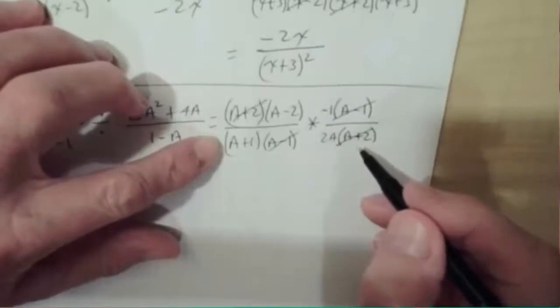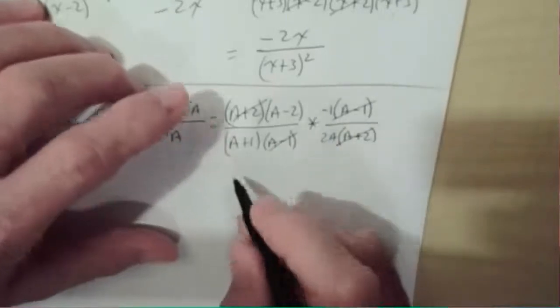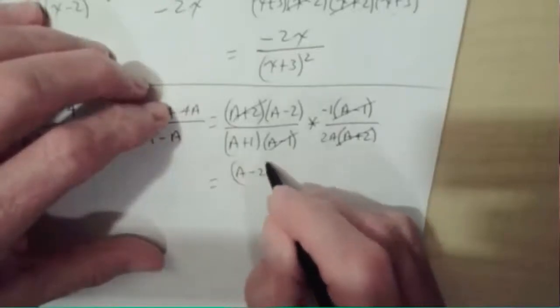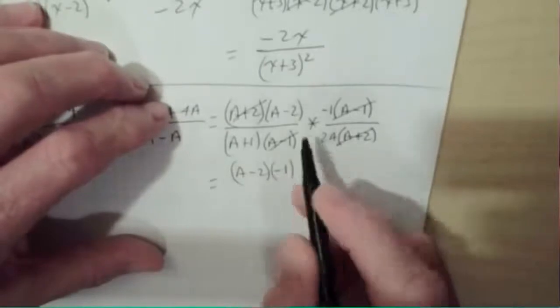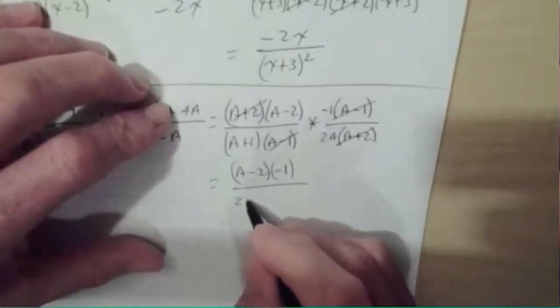So what do we have here? This equals a minus 2 times negative 1. Don't forget about that. Over 2a times a plus 1.